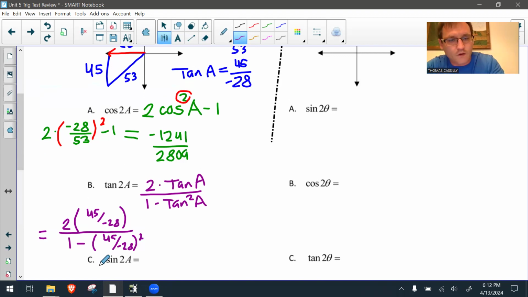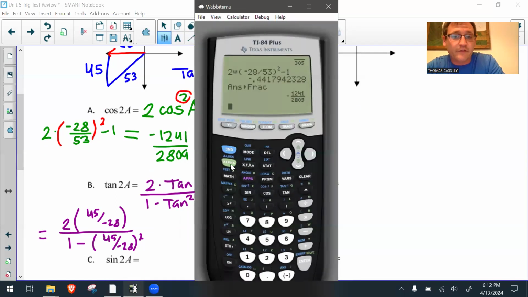Same idea. Plug it into your calculator, make it look exactly the same. This one is not a bad idea to make a fraction inside of another fraction. So 2 times, make another fraction here, 45 over negative 28. Close up that fraction.